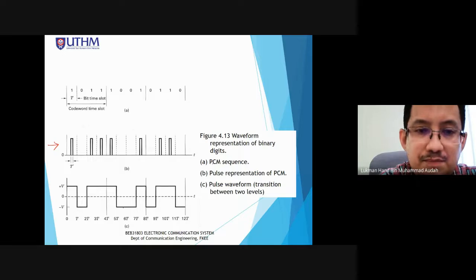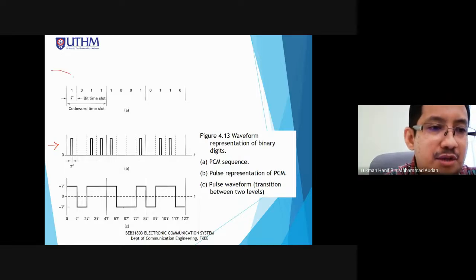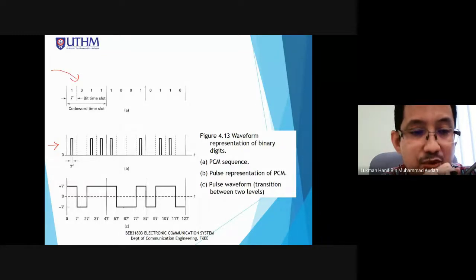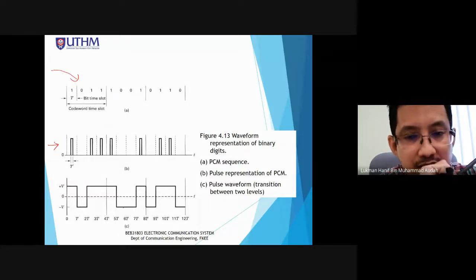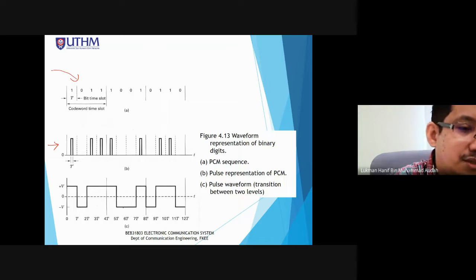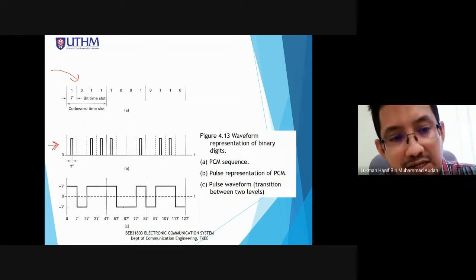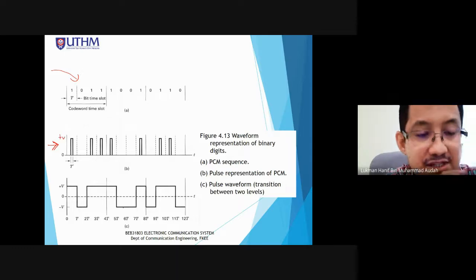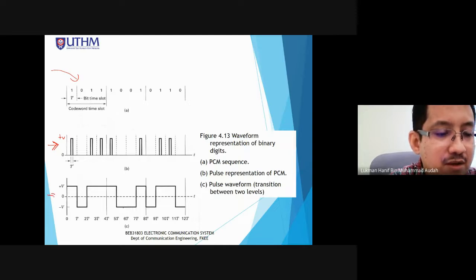Ini unipolar. So ini PCM, ini adalah kita punya input bit dalam sebutan PCM sequence atau PCM code word. Kemudian kita boleh tukar kepada sama ada kita nak tukar kepada unipolar pulses. Unipolar means that dia adalah dalam positive level sahaja. Manakala yang kedua ini adalah bipolar.